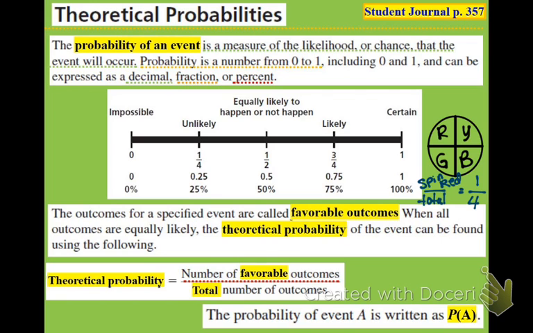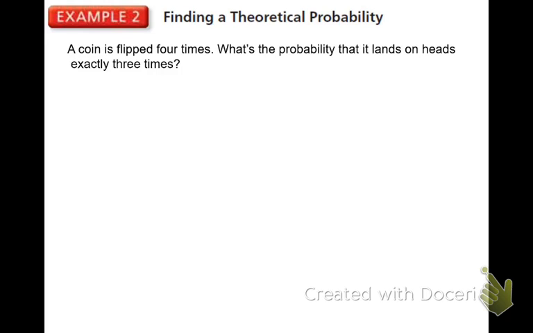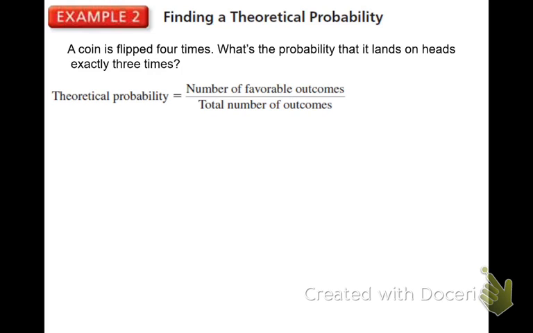So we're going to find the theoretical probability of this problem. A coin is flipped 4 times. What's the probability that it lands on heads exactly 3 times? There is going to be math with this, so don't think you're going to have to do something difficult. We're going to write down the formula first: the number of favorable outcomes over the total number of outcomes.